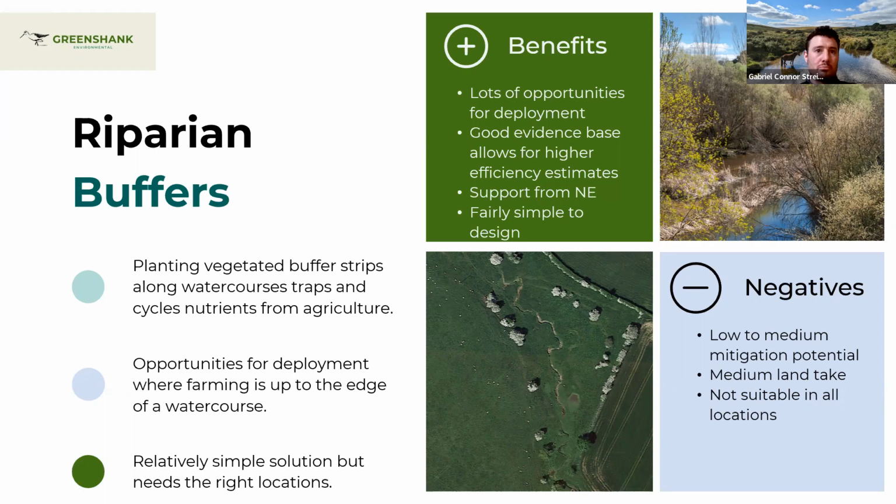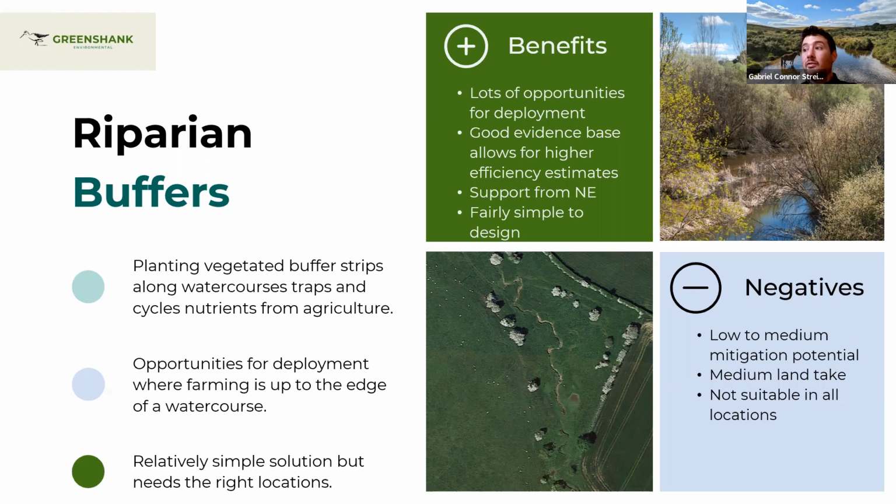There's no buffering, as we call it, by the environment there to trap nutrients and stop them going straight into a watercourse, which is obviously what we're ultimately trying to achieve through deploying these nutrient mitigation solutions. So if we plant these vegetated buffer strips along watercourses that currently don't have them, this can allow for natural processes to trap and cycle nutrients in the environment.